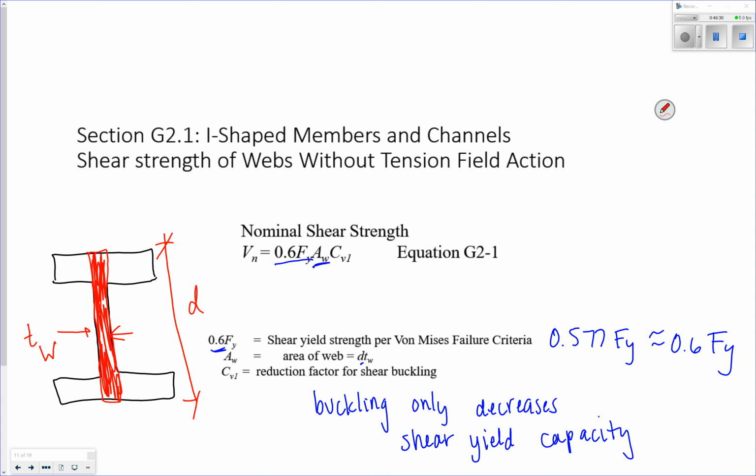So my stress times my width, this is the nominal strength that you then multiply by that phi factor.